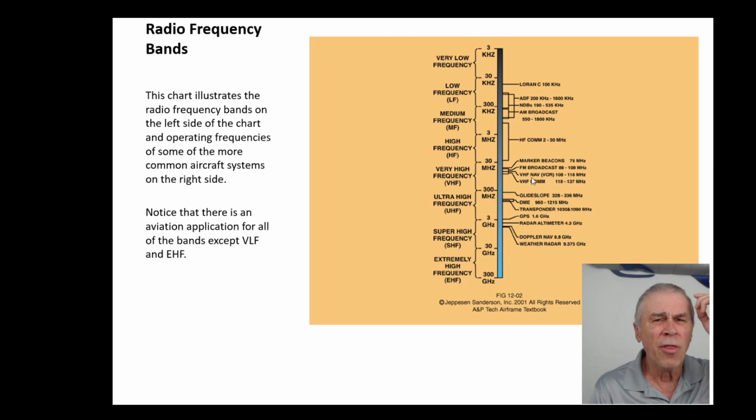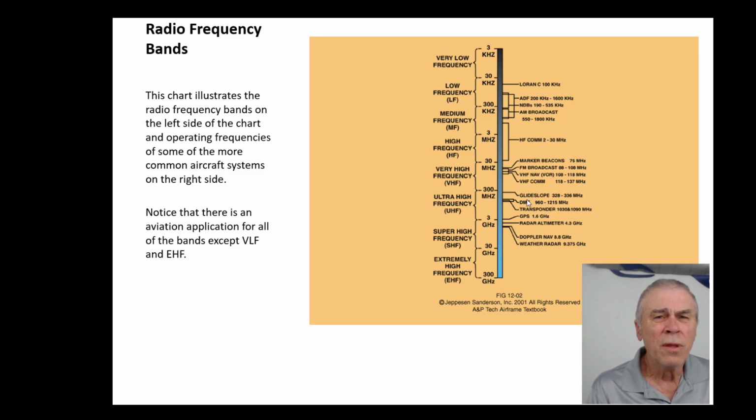And then right over that is the navigation VHF, and just over that is the communication VHF. So I mean, you can almost see it goes up FM broadcasts up to 108, and then the next 10 is navigation for VOR, and then after that it looks like about another 10, actually another 20, is for VHF comm, which is communication. That's most of the communication that takes place with an aircraft.